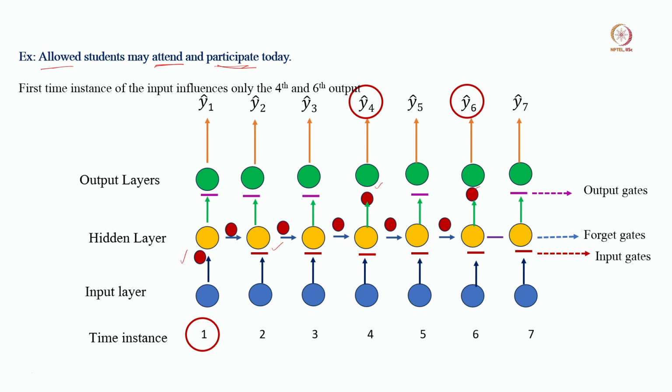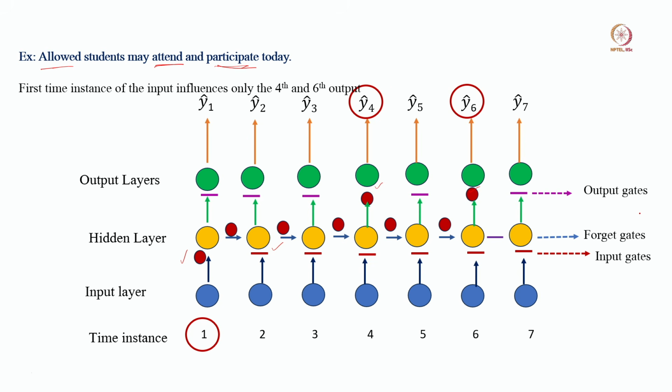So, if I want to predict the next word after "allowed students may attend", this kind of gating structure is used, where the input information is controlled by the input gate, and then the forget gate keeps only the important information, passes it through the time instances, and removes it when it is not required.